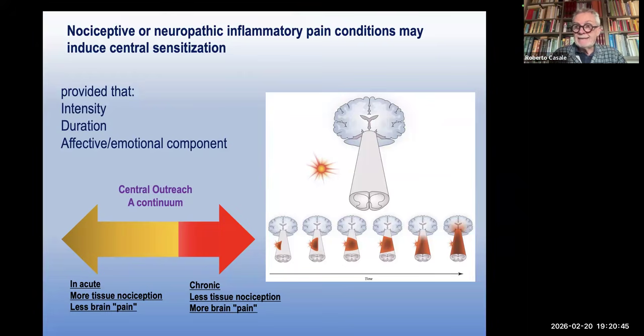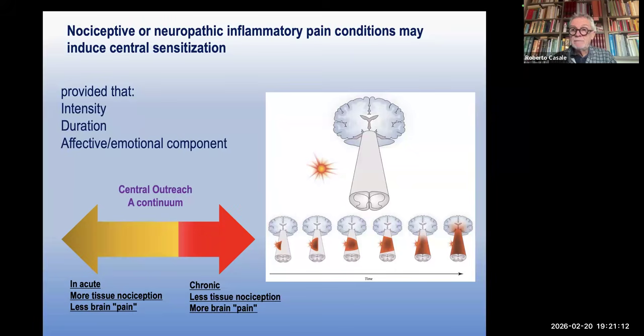It means that both nociceptive and neuropathic pain can become nociplastic, provided that they are of sufficient intensity and duration, and they have a high affective and emotional component.